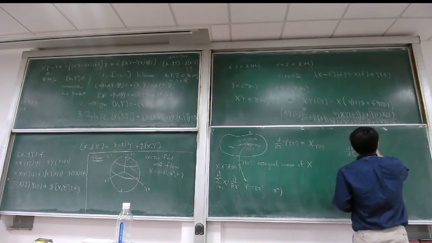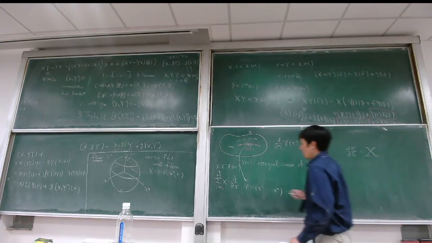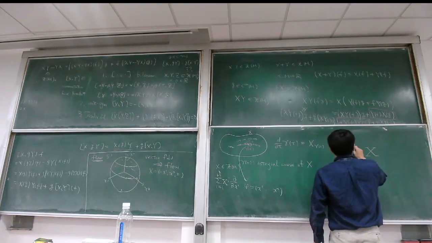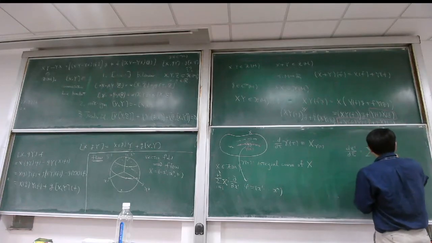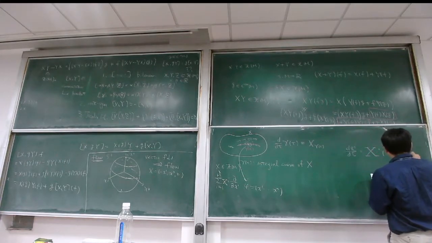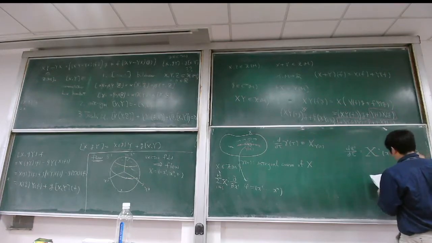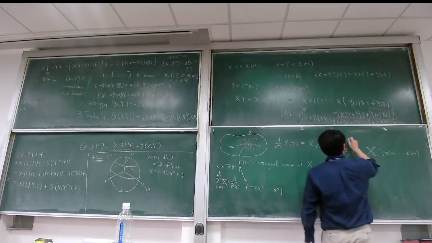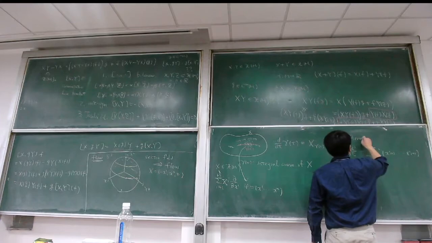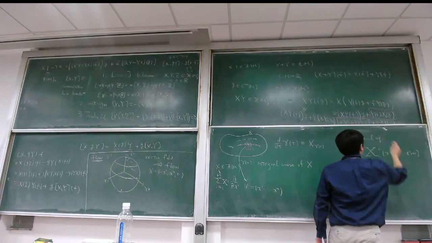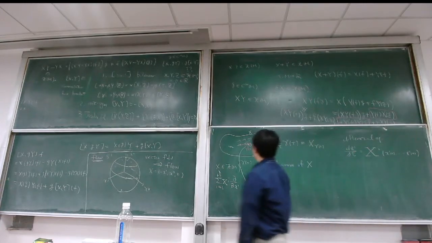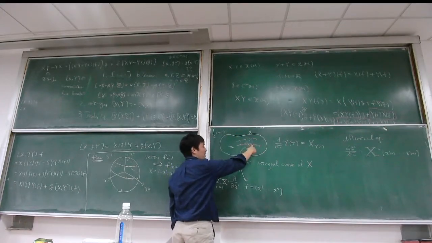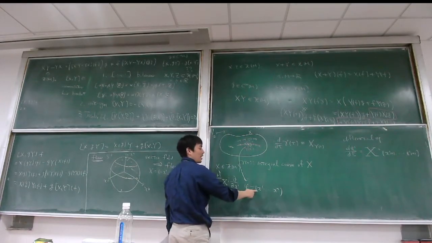This is capital X, and I should write small x, x1 of t. So this is just a differential equation physicists are familiar with. So x1 is a map from an interval I to gamma t, and from gamma t to the local coordinates x1 to xn.